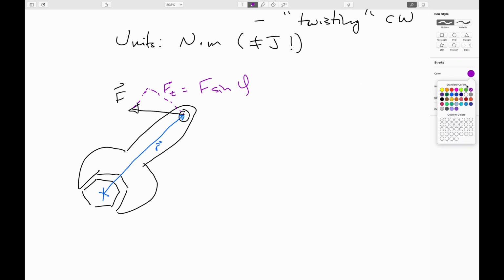So another way we could write the torque, if we find it convenient, would be to say that it's equal to the entire distance from the axis to the point of application times the tangential piece of the force. This is the part that's actually trying to make something go around in a circle. This perpendicular bit here, this radial bit, is only serving to try to compress the wrench. It isn't trying to actually twist anything.